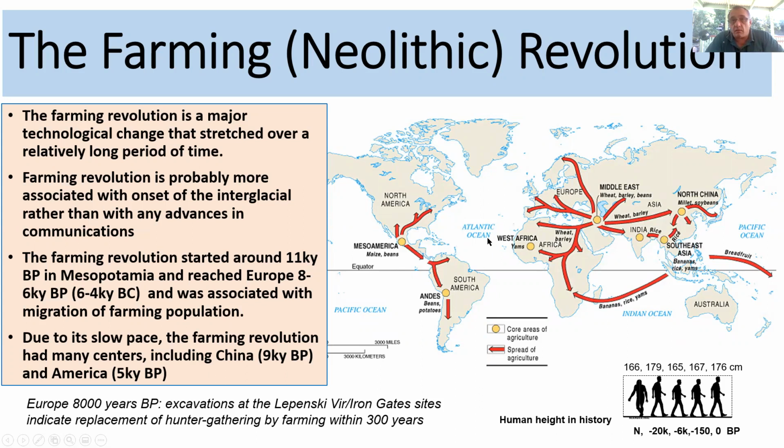And this process took thousands of years. Even at present, some tribes are still hunter-gatherers. So farming took over the world, but not immediately. Also, its effect on human welfare was not so clear, because it seems that hunter-gatherers overall had a healthier diet and healthier population.